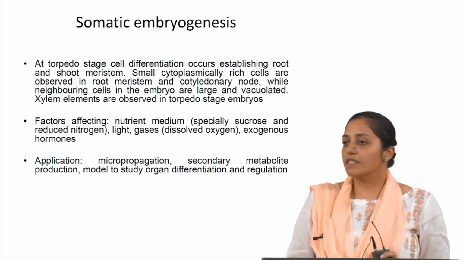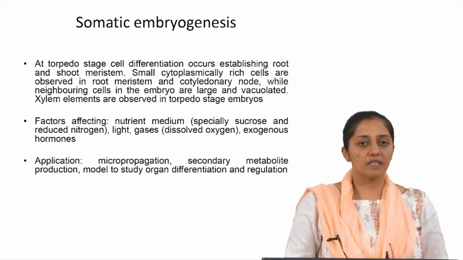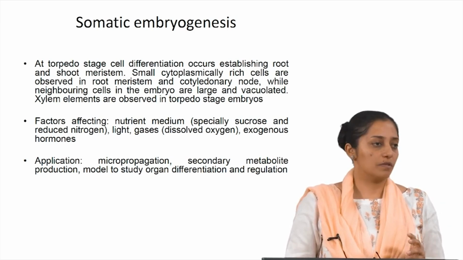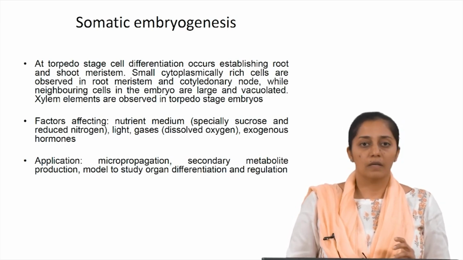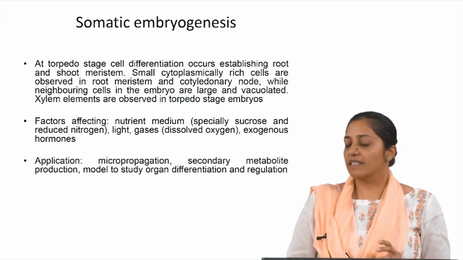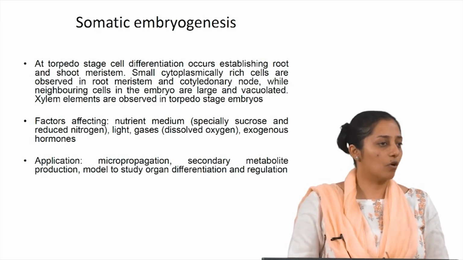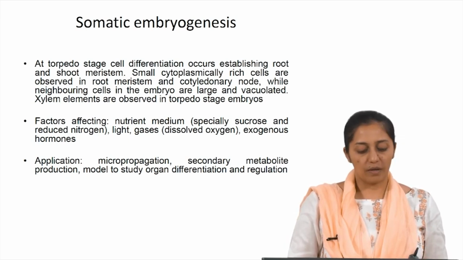Now what are the factors which can affect embryogenesis? It is nutrient medium, especially sucrose and reduced nitrogen. Then light, gases, which means dissolved oxygen here. Then exogenous hormones, your growth regulators.